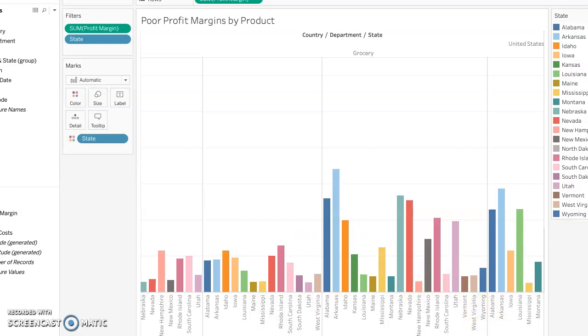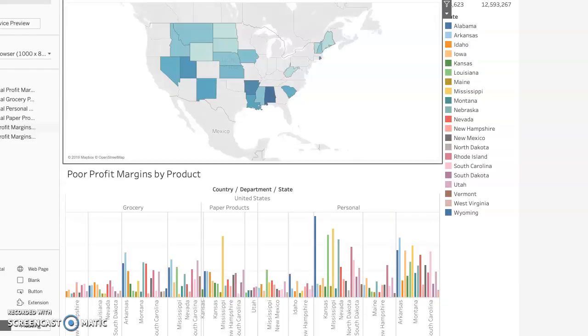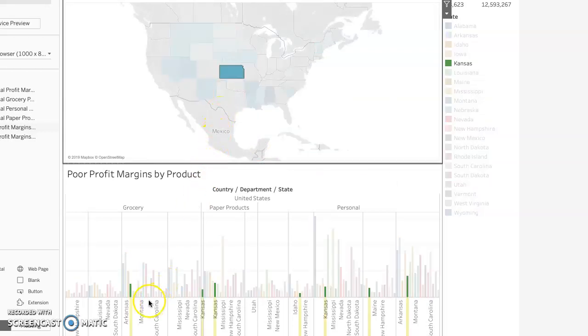So I took these last two sheets here and I combined them to make my interactive dashboard. So viewers or the company, whoever is looking at this, can click on any of these states and then see which items or products in that state are performing the lowest.